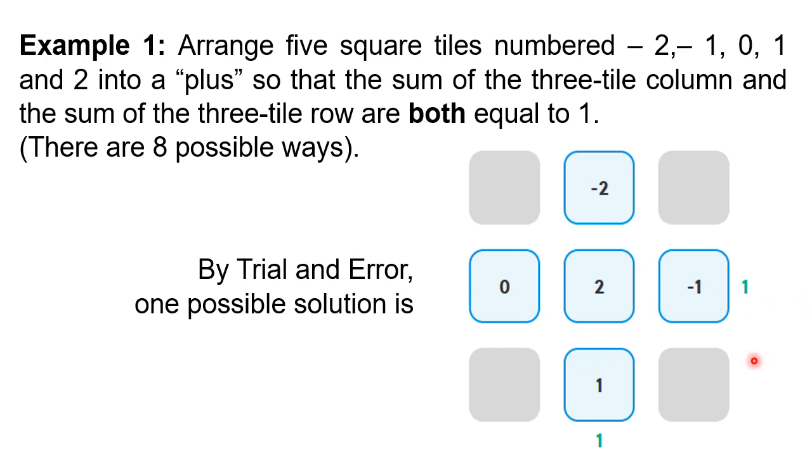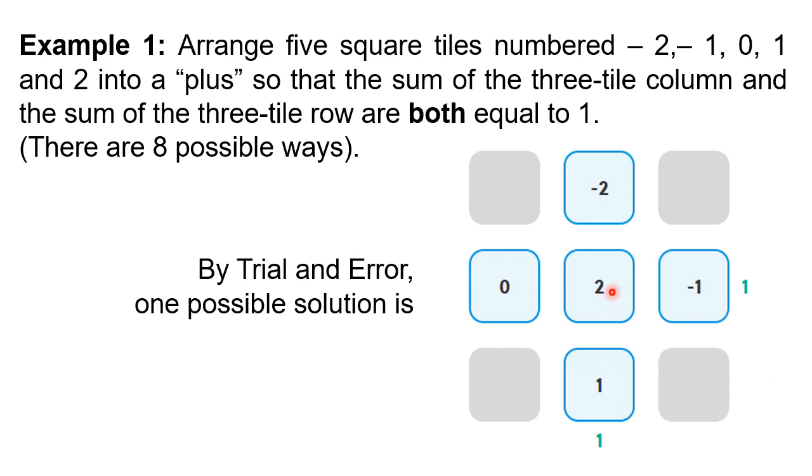One way to find another solution is to rotate your numbers. The -2 will be here, the -1 will be at the bottom, 1 will be on the left, then the 0 will go up. You can rotate this 4 times, and you will have 4 different solutions.